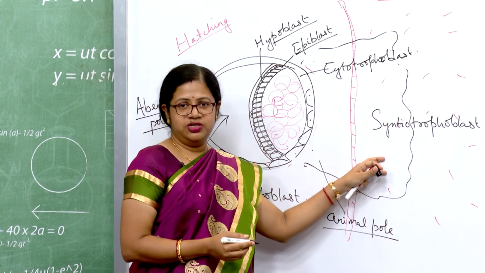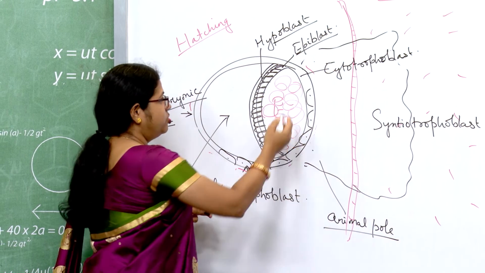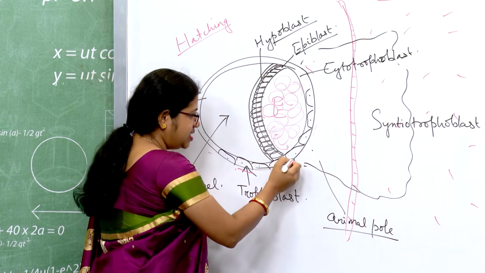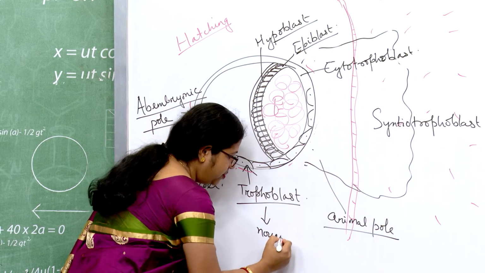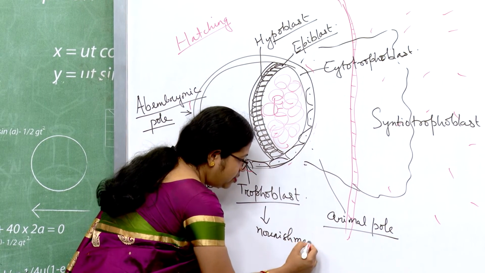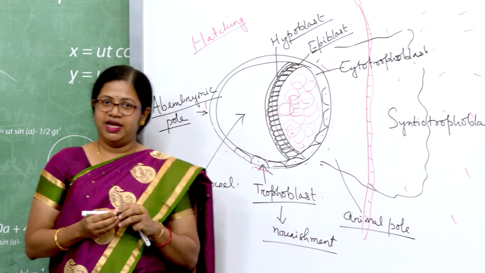Syncytiotrophoblasts will merge into the maternal endometrium. Cytotrophoblast will remain as such. This entire lining will provide nourishment to the growing embryo. The cell will first oppose, come closer to the endometrial lining.